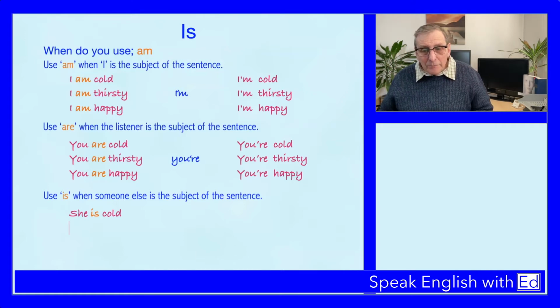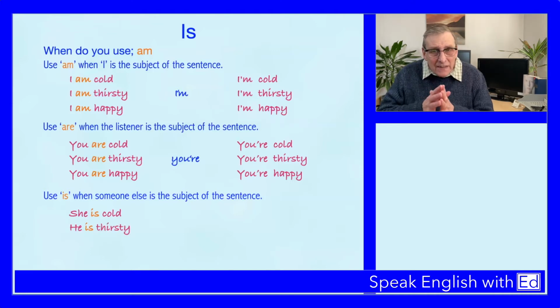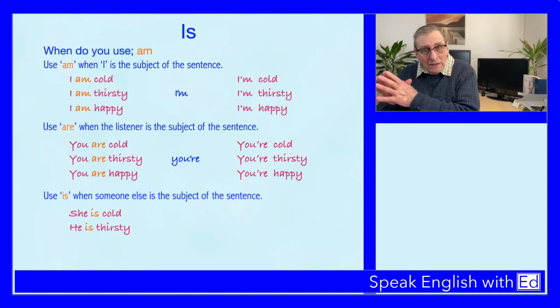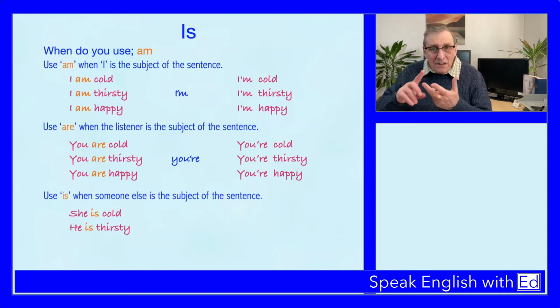You can say, he is thirsty. Now you say he when you're talking about a man, because ladies and men have different pronouns. The subject pronoun for a lady is she, and the subject pronoun for a gentleman is he. So he is the one that is thirsty.